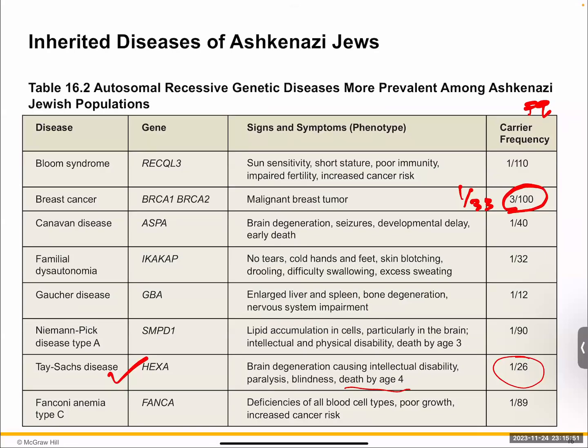Now you're welcome to look through the other diseases like Gaucher disease, the different types of anemia, and Canavan disease, where again a lot of them are associated with either blood or nervous system damage.